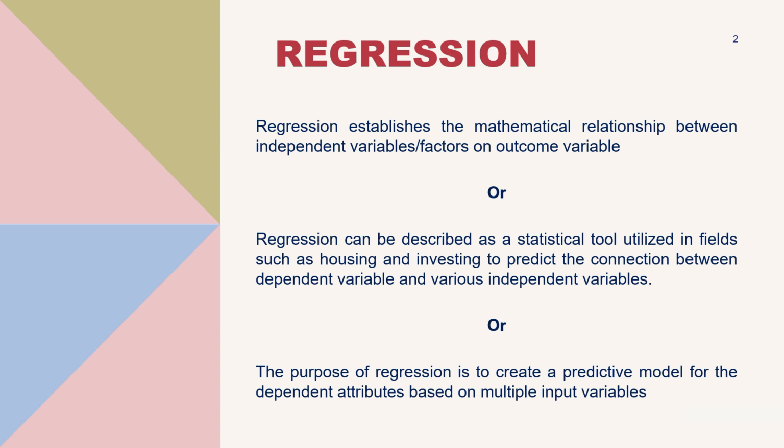Or we can say that the purpose of regression is to create a predictive model for the dependent attribute based on multiple input variables. That means in regression, we are trying to establish a mathematical relationship to predict our outcome variable on the basis of information available to us.